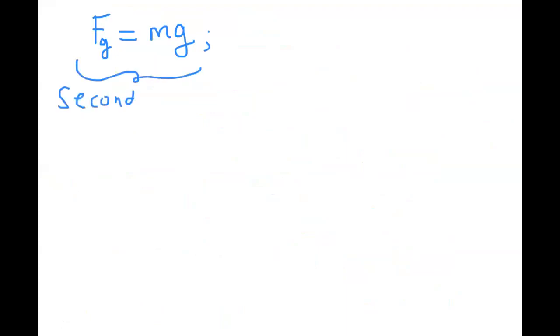Now recall that Newton's second law tells us that the gravitational force on an object is mg. At the same time, we know that the gravitational force, according to the universal law of gravity, is actually mass 1 times mass 2.